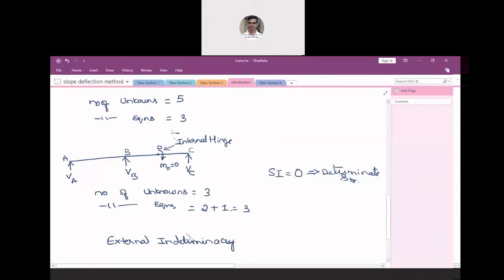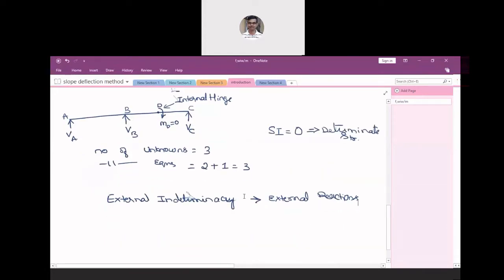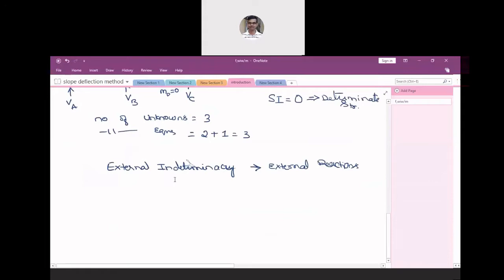Because we are calculating this degree of indeterminacy based on the external reactions. That is why I'm taking it as the external degree of indeterminacy. Now I will take another example and show why we call this external indeterminacy. We will be in a position to understand.